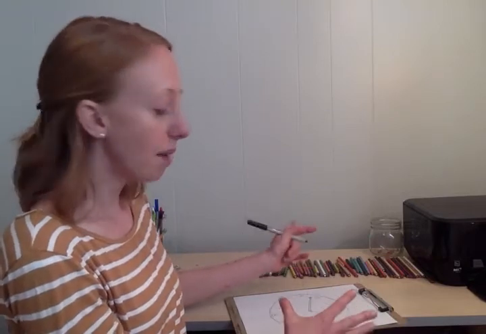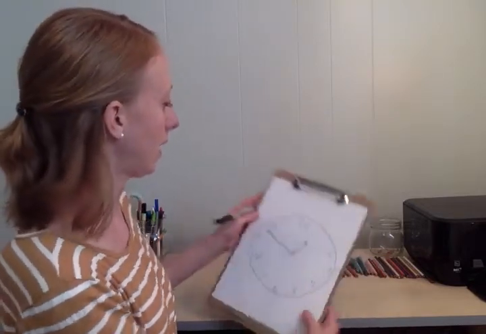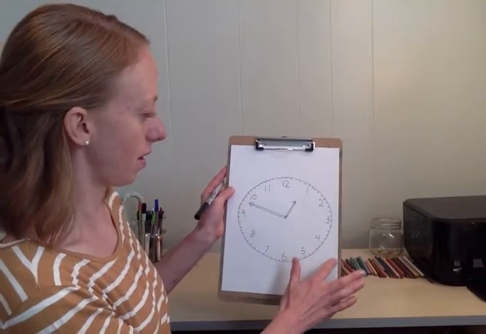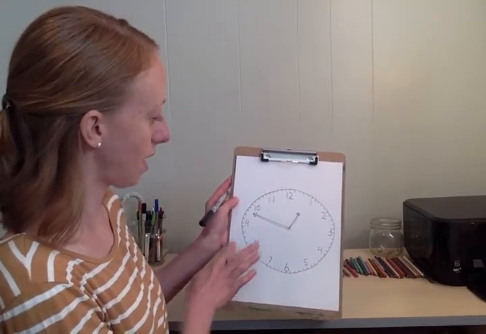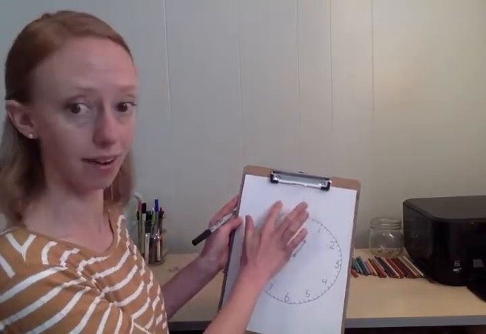For mine, I'm going to make it like it's sitting on a table with little feet kind of to the clock right here, and I'm going to do a design on top.